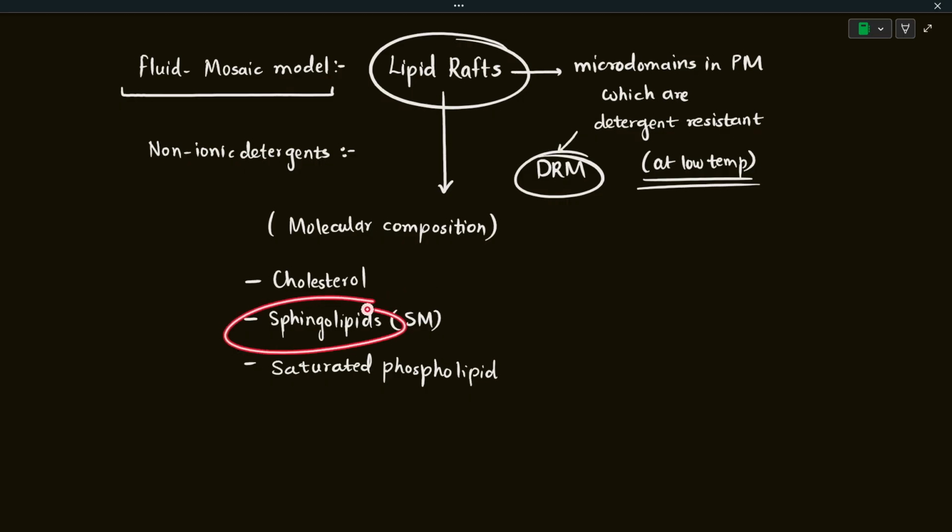Then sphingolipids such as sphingomyelins or the glycosphingolipids, which have long saturated fatty acid chains, are again going to promote tight packing, just like saturated phospholipids. Unlike the unsaturated phospholipids, which have a kink in them, saturated phospholipids promote tight packing.